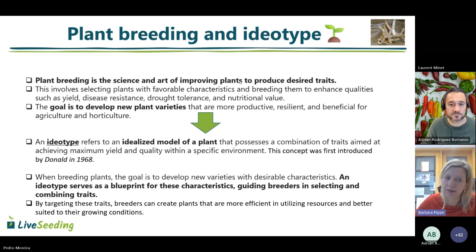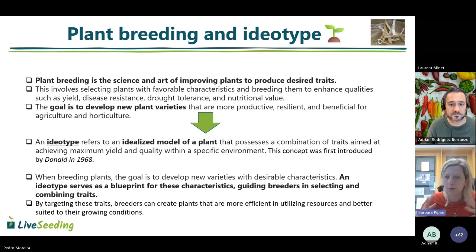An ideotype serves as a blueprint of these characteristics, guiding breeders in selecting and combining traits. By targeting these traits, breeders can create plants that are more efficient in utilizing resources and better suited to their growing conditions.